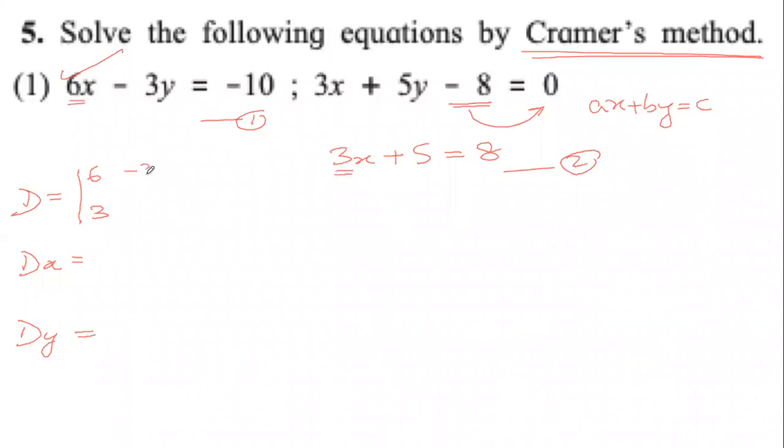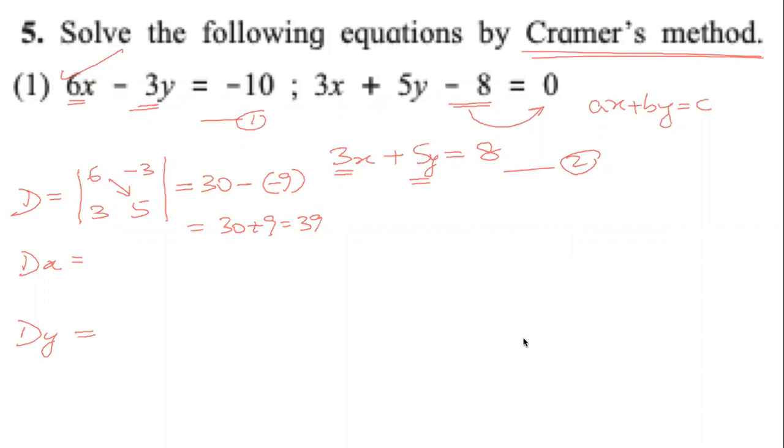Then minus 3 and 5. Oh, I had forgotten the y here. Where is minus 3? Here. Where is my plus 5? Here. We have to find the value. 6 into 5 is 30. Minus 3 into minus 3 is minus 9. This becomes 30 plus 9, which students got as 39.